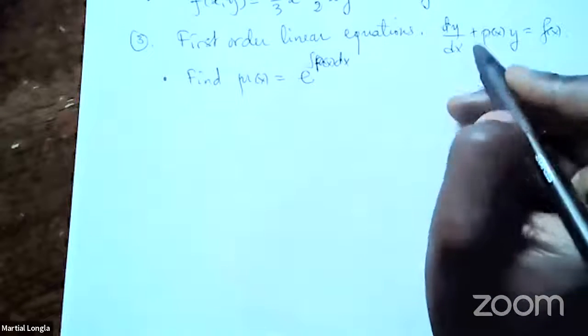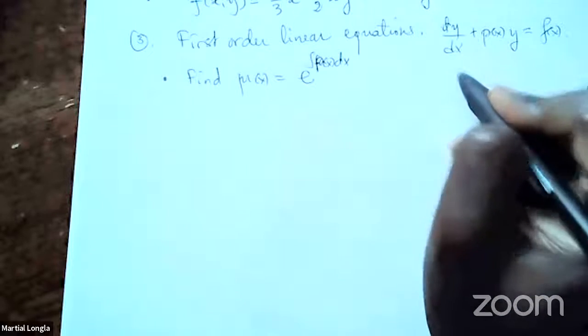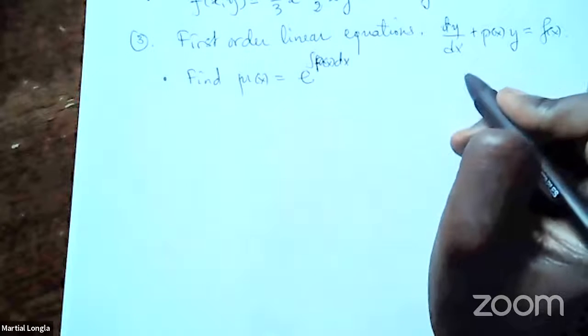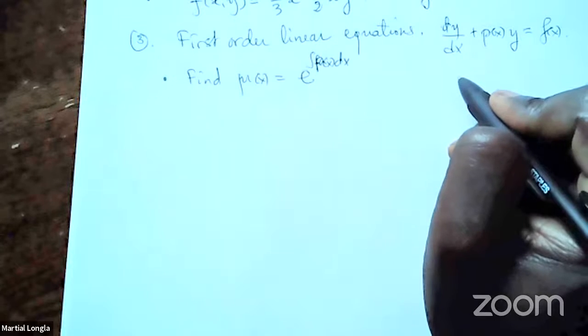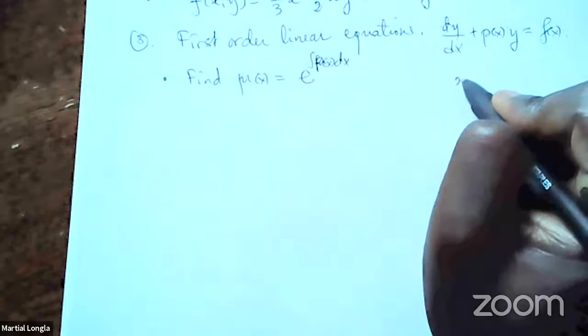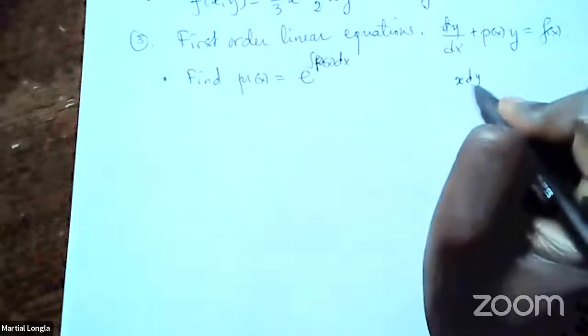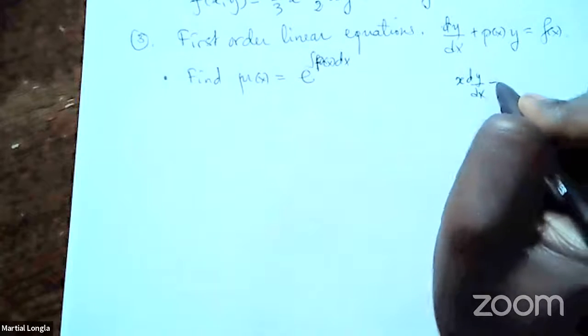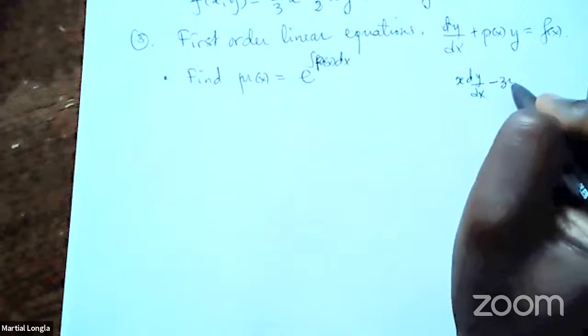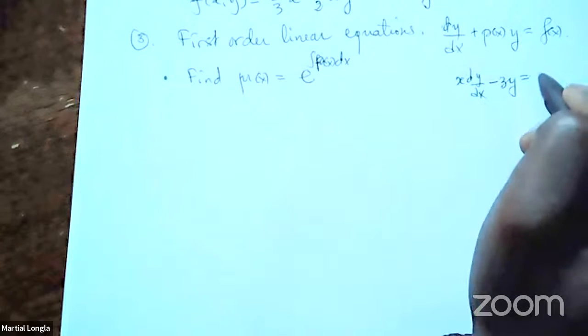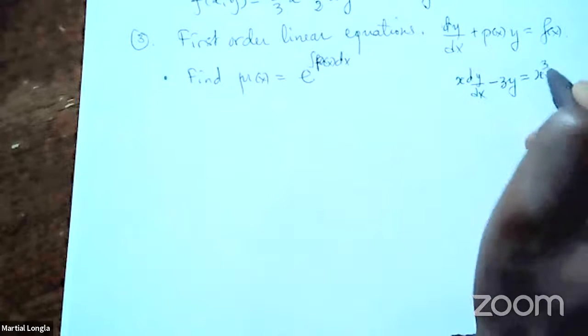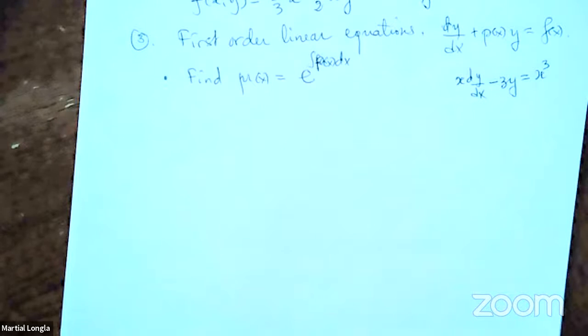So let's say here we have our example: x dy over dx minus 3y equals x cubed. Let's see, that is the example.